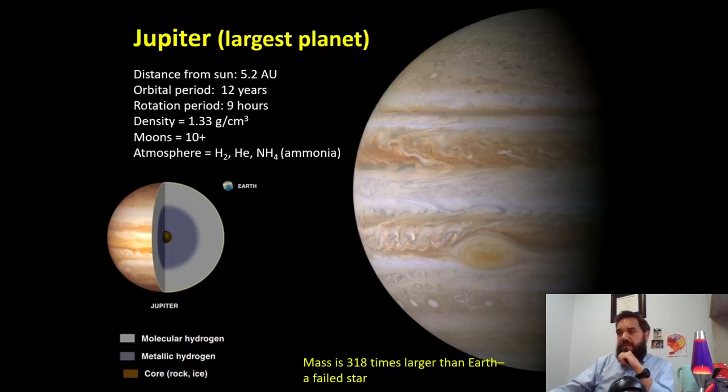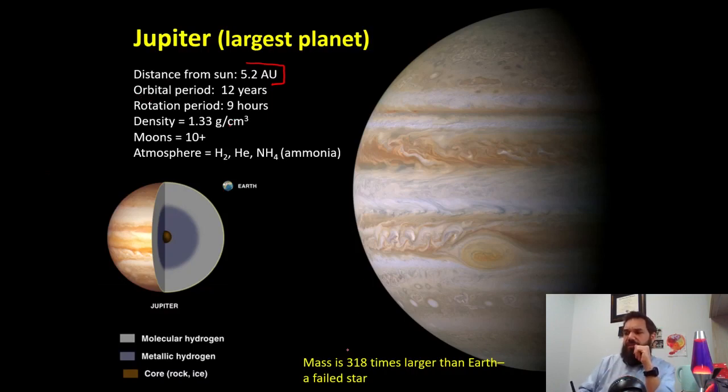Jupiter is now, we're going to start the Jovian planets. Now notice suddenly we're going to jump way out. We go from 1.5 AU, Mars, all the way out to 5.2 AU. So we suddenly get a lot further out. And we have Jupiter, the largest planet in the solar system, 394 times the size of Earth.